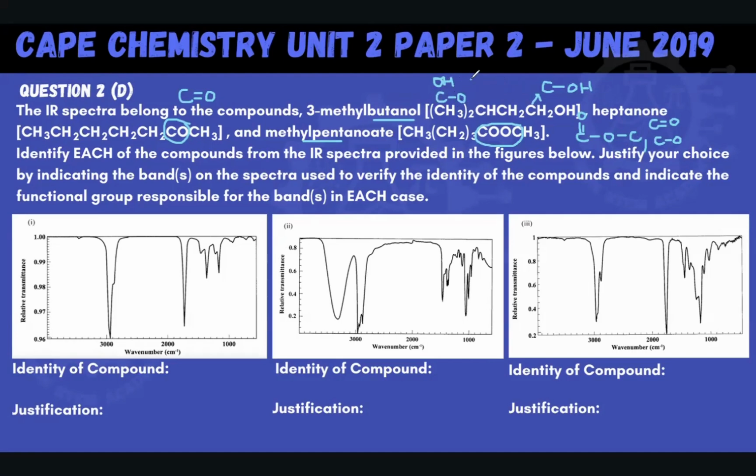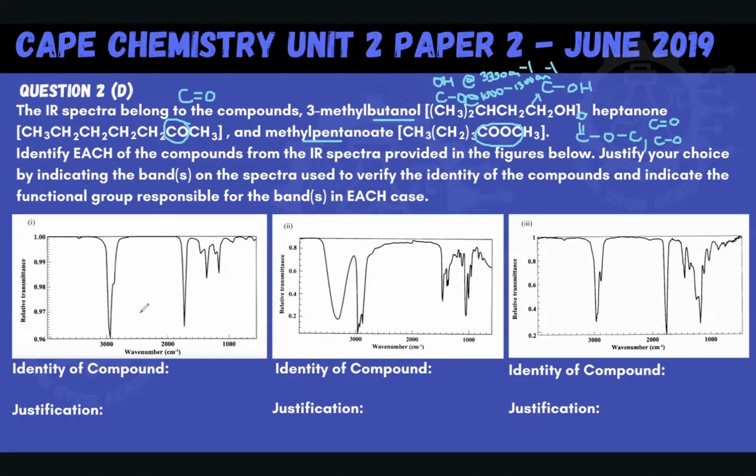The OH peak is usually at around 3,350 wave number, so at 3,350 cm to the -1, I'm looking for that among these spectra. And then the C single bond O, I'm looking for at around anywhere from 1,000 to 1,300 cm to the -1.